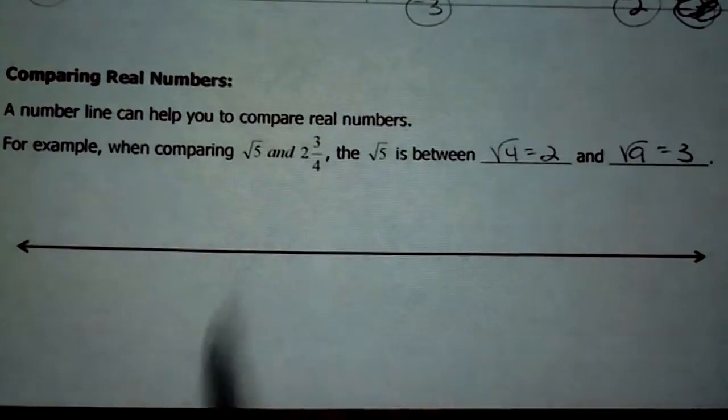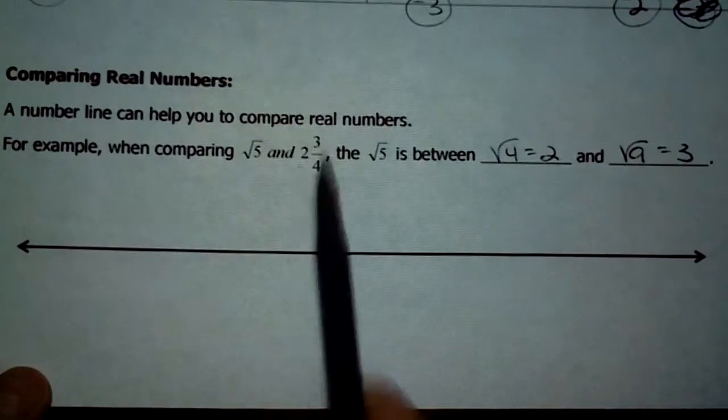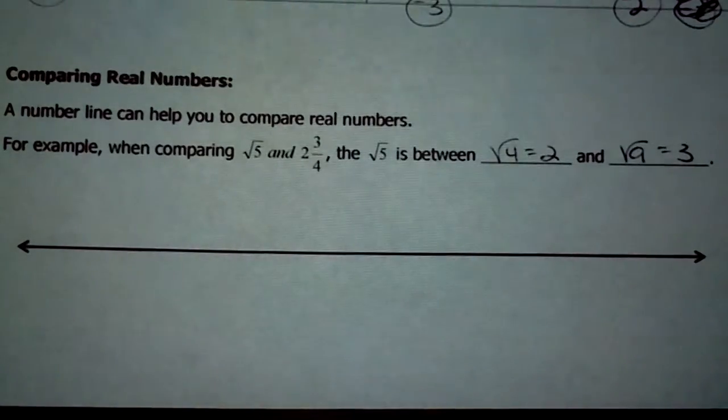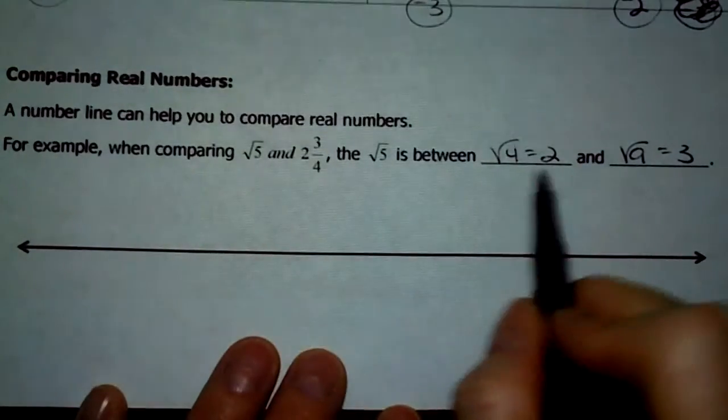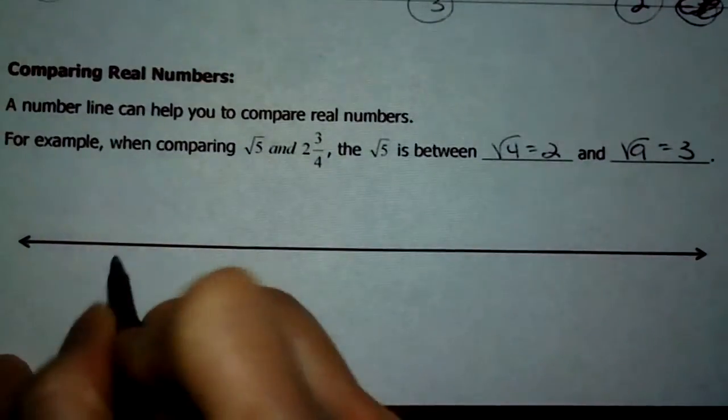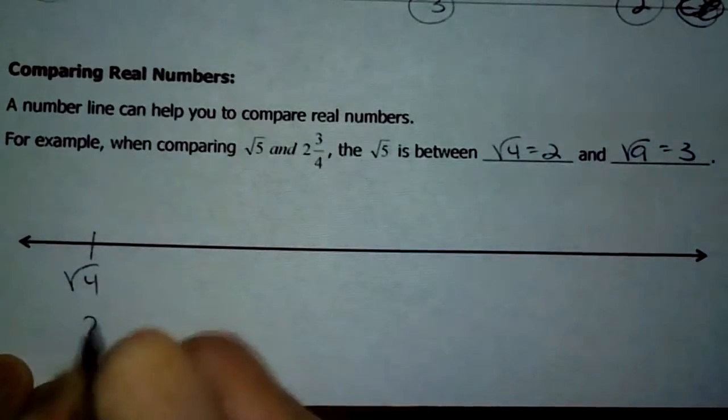So that doesn't really help us tremendously right now with comparing them. Reason being because 2 3/4 is also between 2 and 3, right? So we're going to put both of these items on the number line, and we'll be able to figure out which one is greater because the values that are farther to the right are greater than those to the left. So for starters, I'm going to do what we did before, and I'm going to put the square root of 4 here, which is 2.